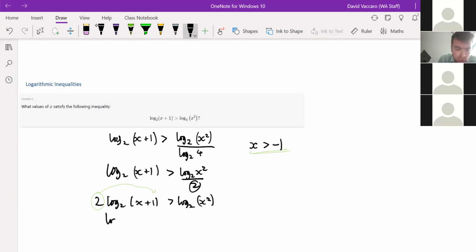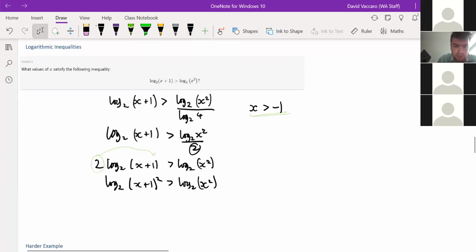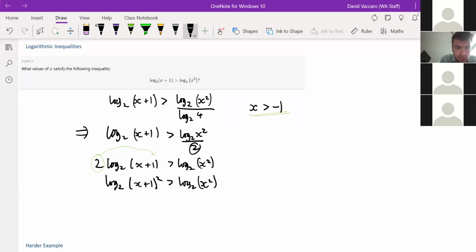So I've got log 2 of x plus 1 squared is bigger than log 2 of x squared. Okay, and everything I've done so far is an if and only if statement. Now, what's very tempting to do here is just to get rid of the log 2's, and to say that this means the same as x plus 1 squared is bigger than x squared.